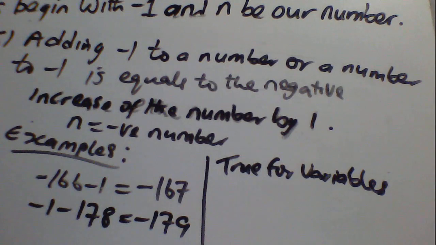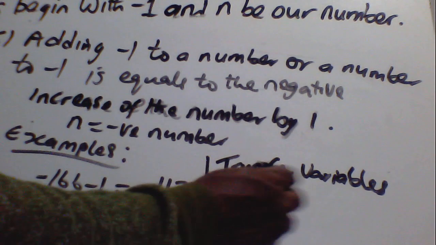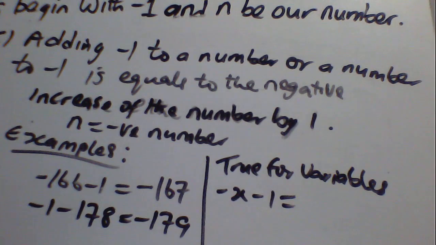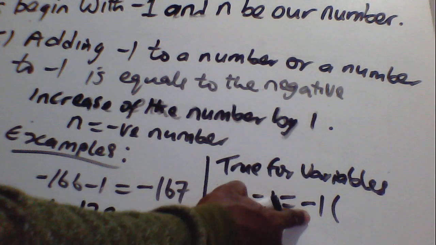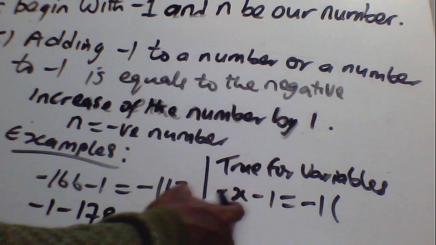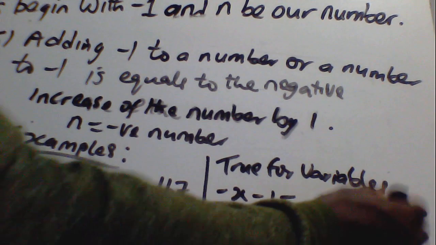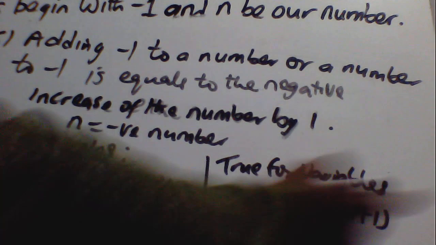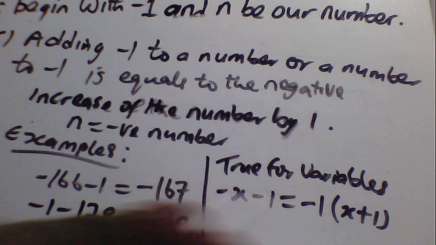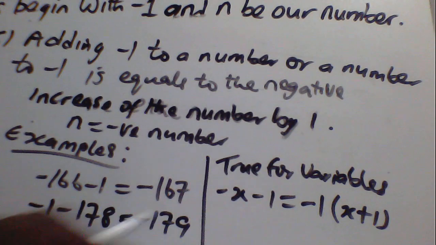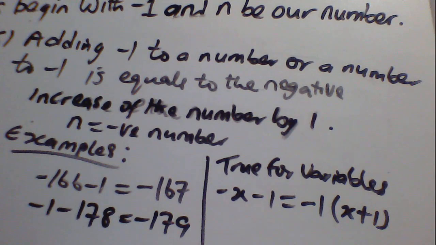This is also true for variables. Minus x minus 1 is equal to what? The negative increase, or the product of minus 1 multiplying x plus 1. You see it's a negative increase, and to get a negative increase you have to multiply by minus 1 and add the terms.